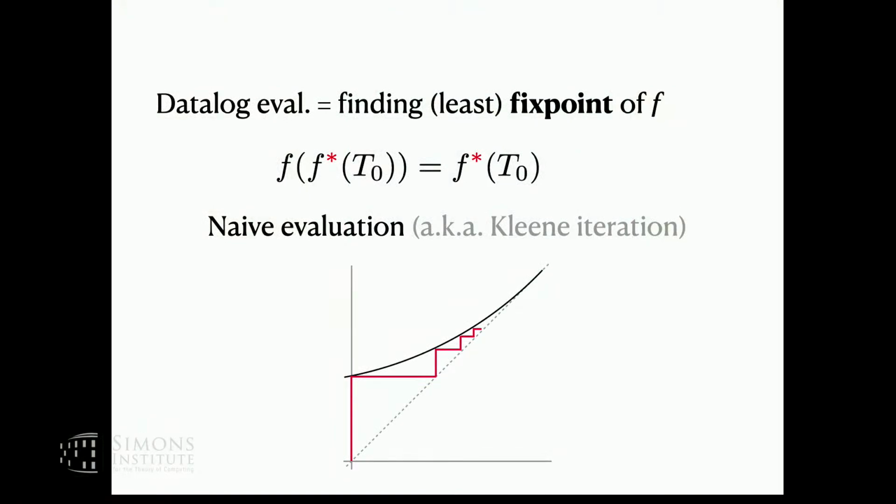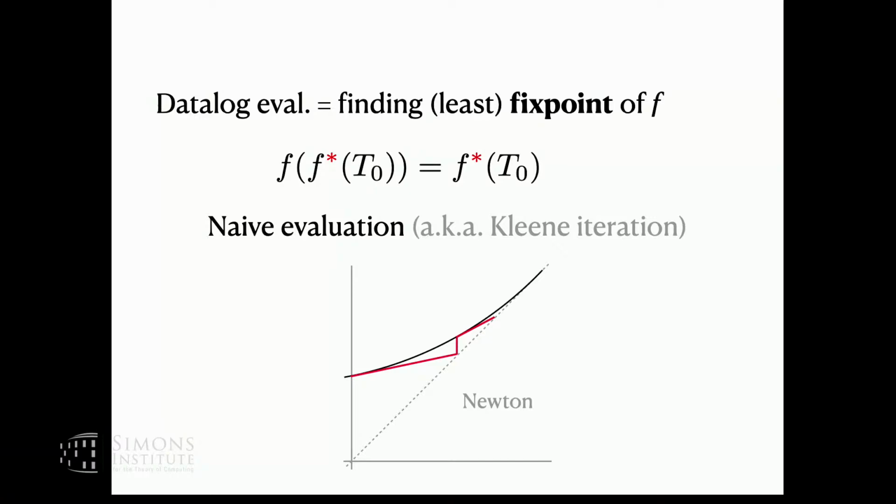Okay, so really going back to this picture, the standard way of evaluating a Datalog program is by naive iteration. So we just apply F until it stops changing. And if we look at numerical analysis in general, we know that another way to find a fixed point is by taking a linear approximation at some point, and then stepping using the derivative.